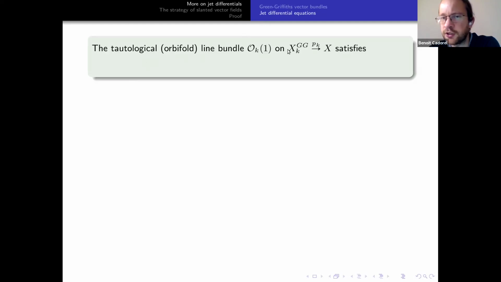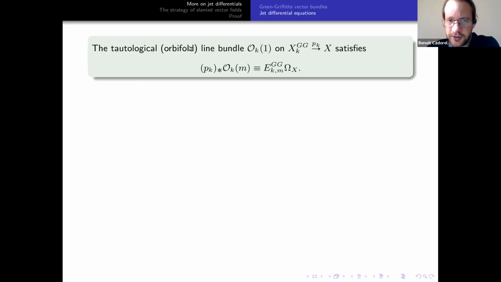As I said earlier, you may want to look at that space as a Deligne-Mumford stack rather than a singular variety. On that stack, this tautological line bundle is a genuine line bundle and not merely a Q-line bundle. So I just simply say it's an orbifold line bundle, but this consideration will not be too important for the rest of this talk.